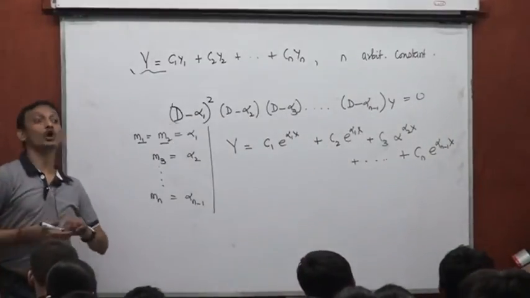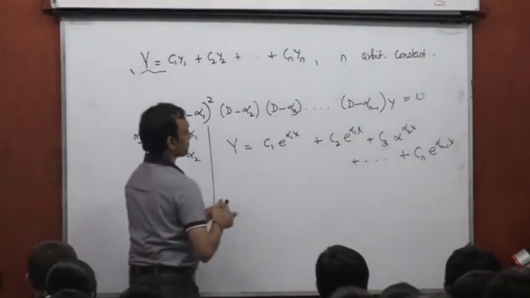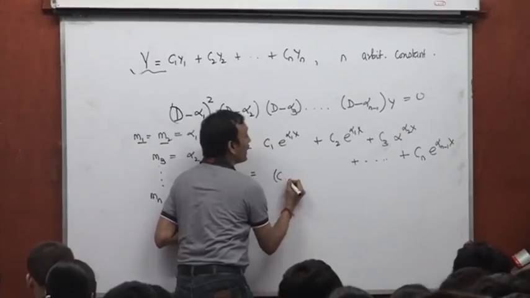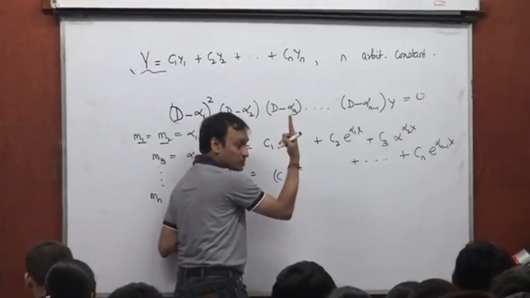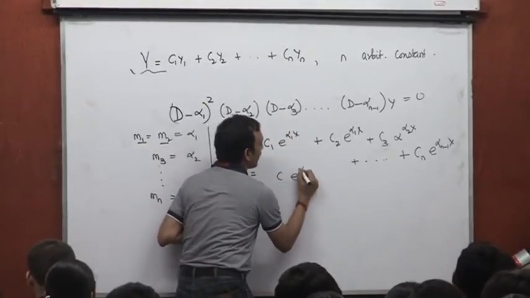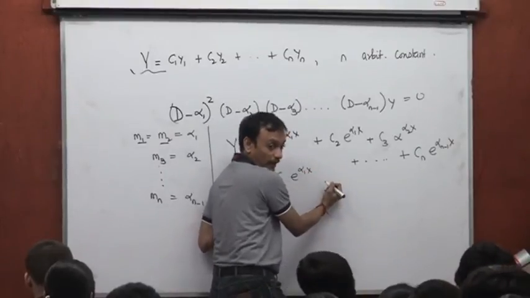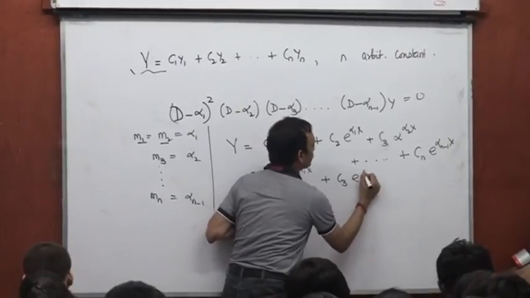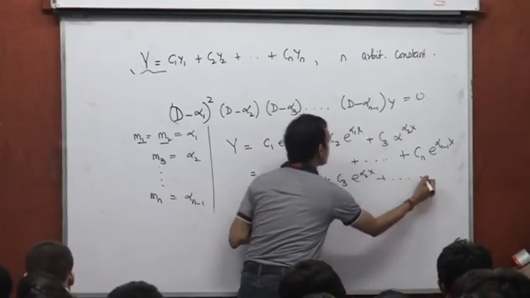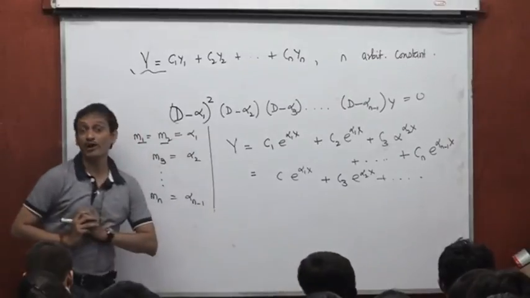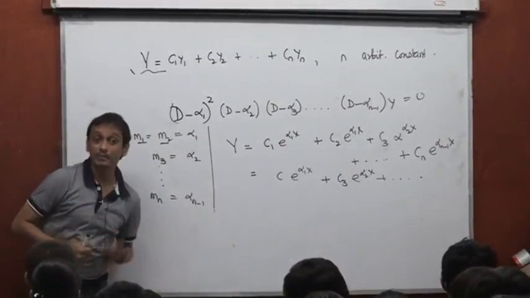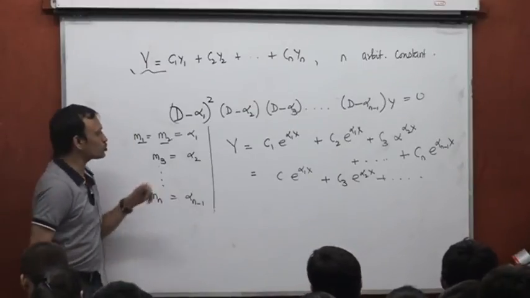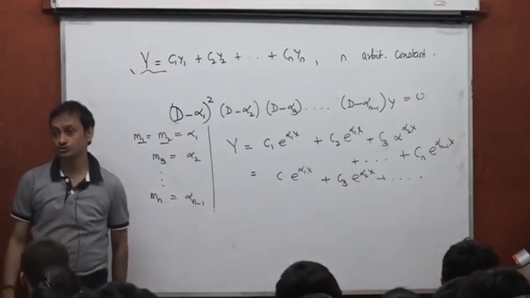Now I claim that this is not a general solution, because if I combine these two, c1 plus c2 would be one arbitrary constant c. So c e^(alpha 1 x) plus c3 e^(alpha 2 x) and so on. Do you realize that the number of arbitrary constants is no longer n but n minus 1? So this is not a general solution if two roots coincide.